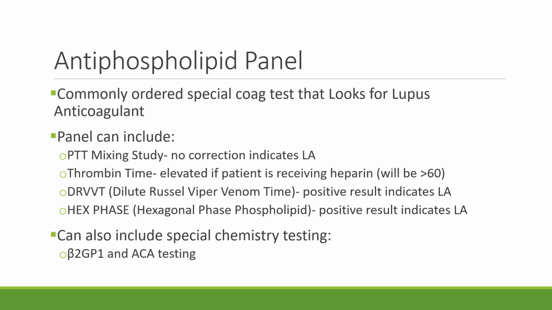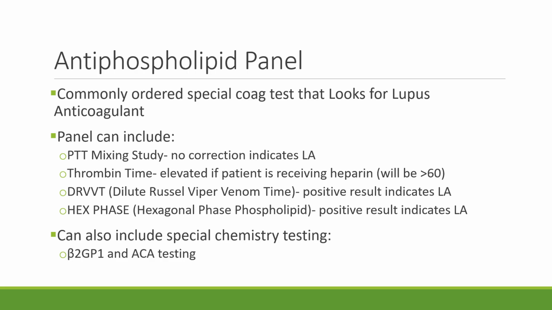And then our hex phase, or our hexagonal phase phospholipid, would need a positive result to indicate lupus anticoagulant. And for that, we run two, one with substrate, one without, and then we calculate the difference. If the difference is greater than or equal to 9, then the result is considered positive. So a normal hex phase would be less than 9.